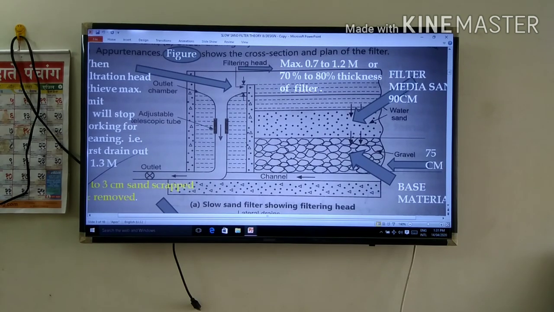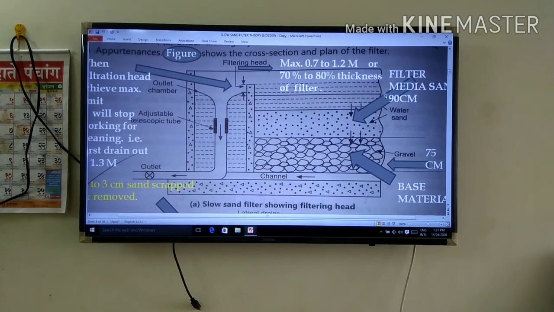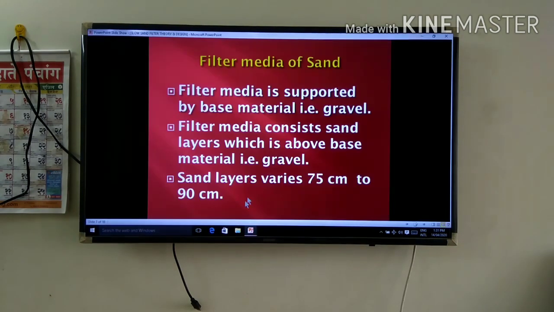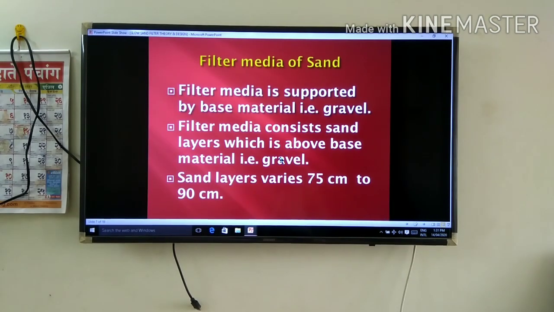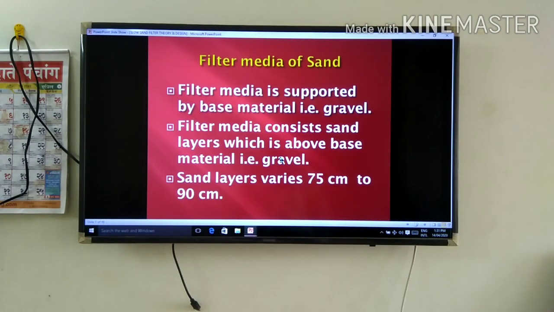This filter media of sand is provided with 90 centimeter thickness. Okay, see the theory. Filter media is supported by base material, that is gravel. Filter media consists of sand layers above the base material, that is gravel. Sand layers vary from 75 centimeter to 90 centimeter.